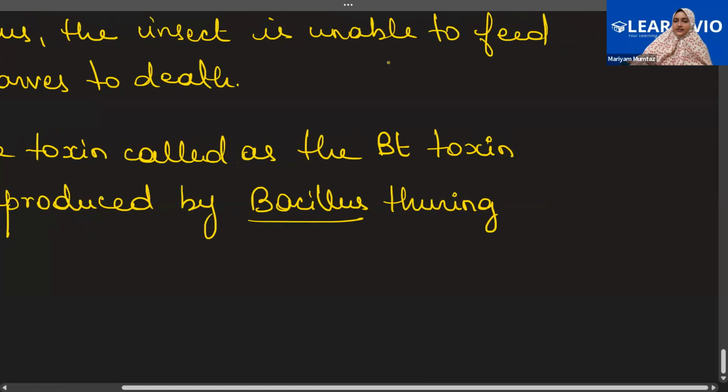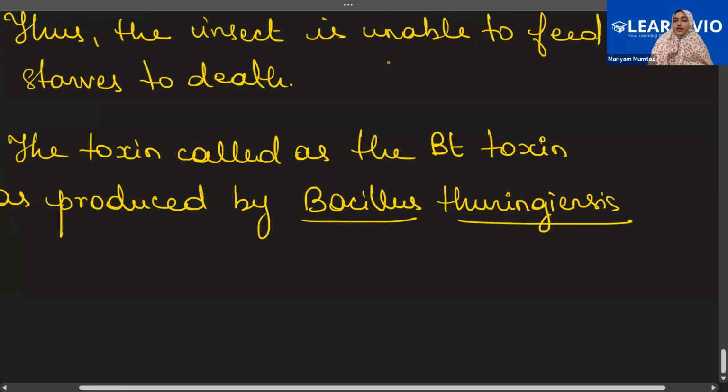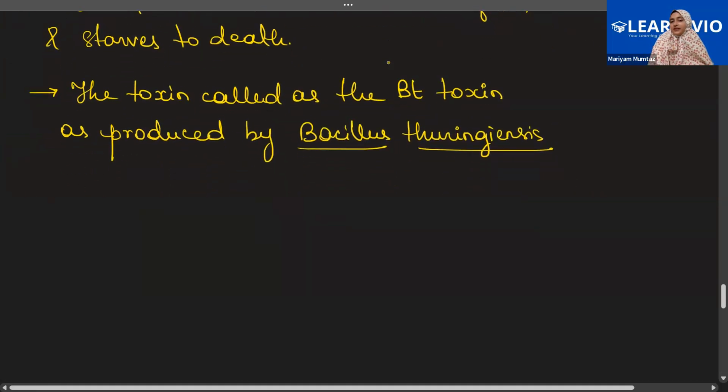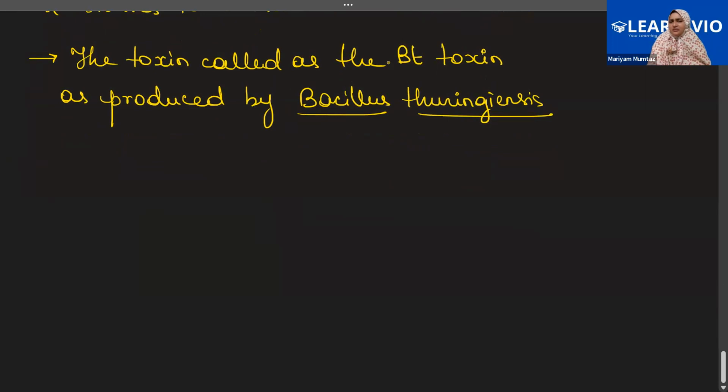Thuringiensis. Thuringiensis. If you have a tough time remembering the names, scientific names can be tough to remember. Try to say it 10 times, you will remember it. Like whenever you learn, you say it multiple times, then only it goes inside your brain. Same goes for the scientific names also.